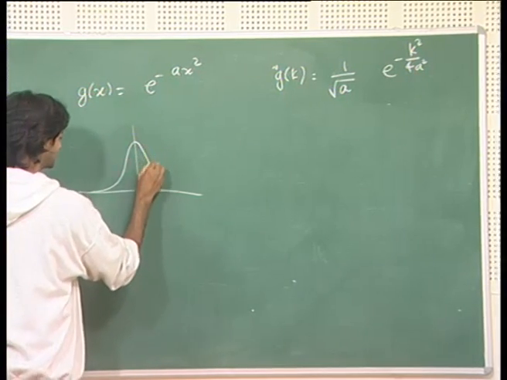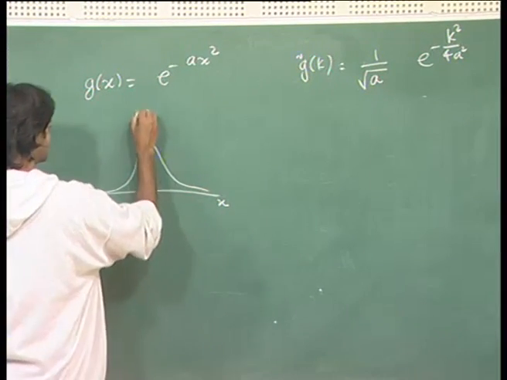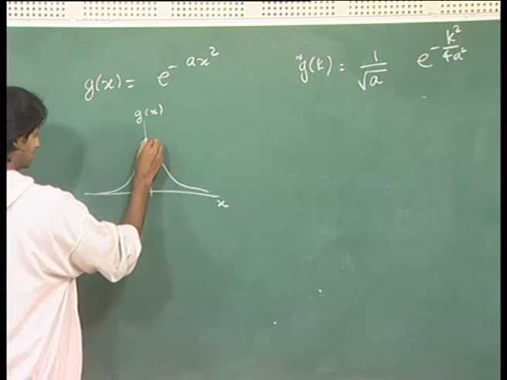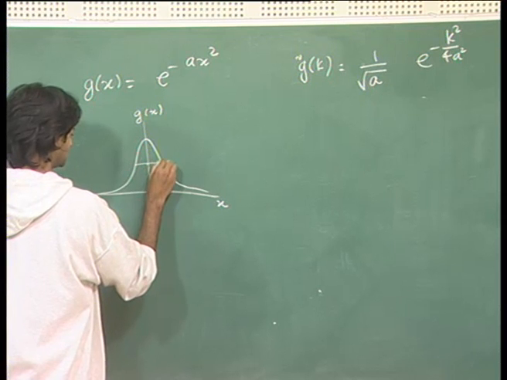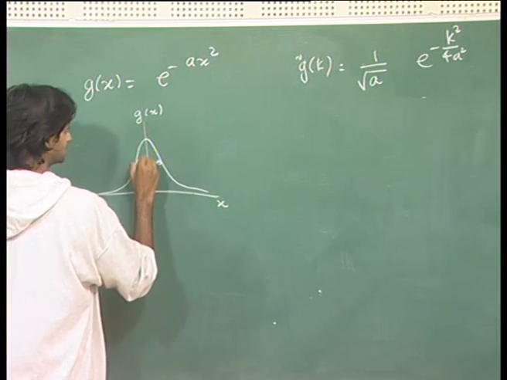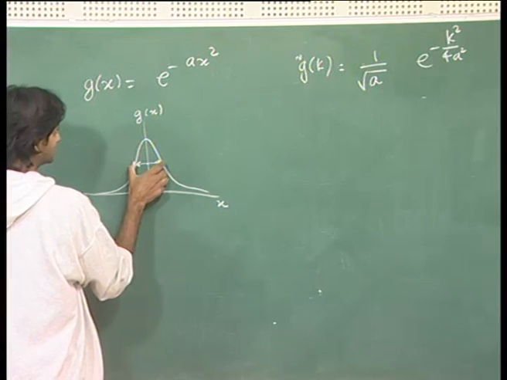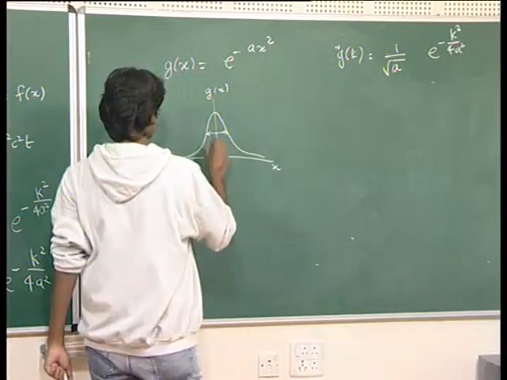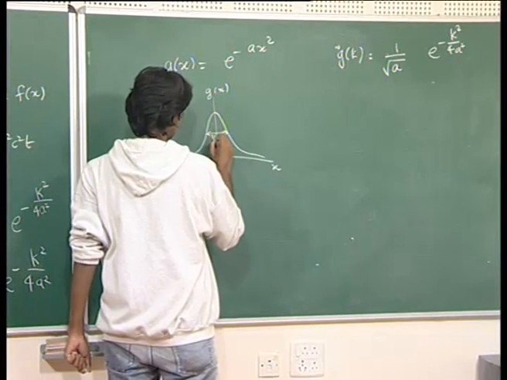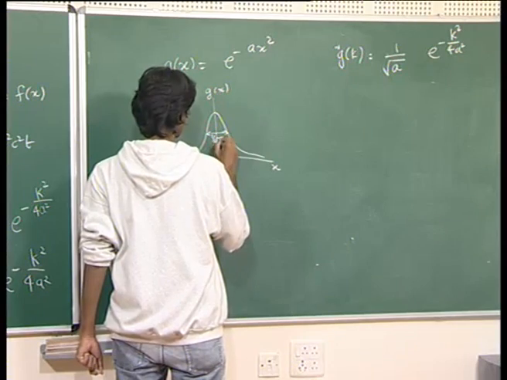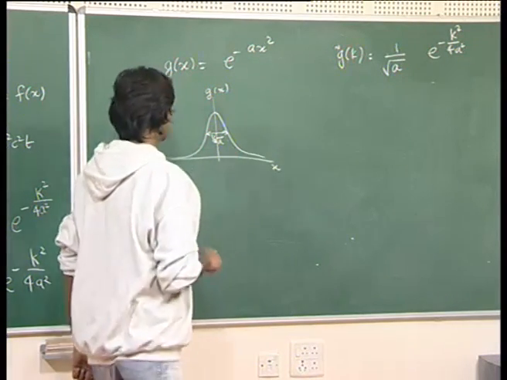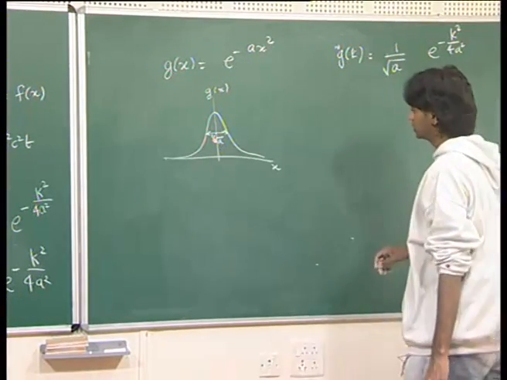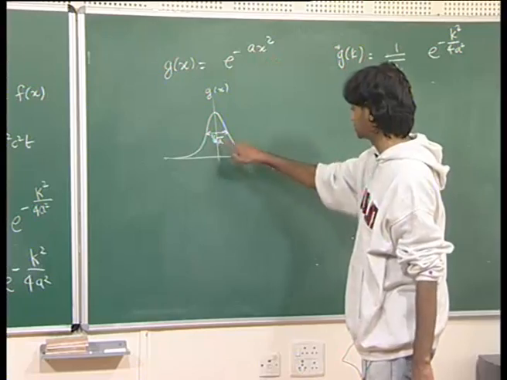Its maximum is at x equal to 0. So as a function of x, g of x looks like this. Now, the width at half maximum, you can calculate this. This width is nothing but 1 by 2 root a. So the width is inversely proportional to the square root of a.